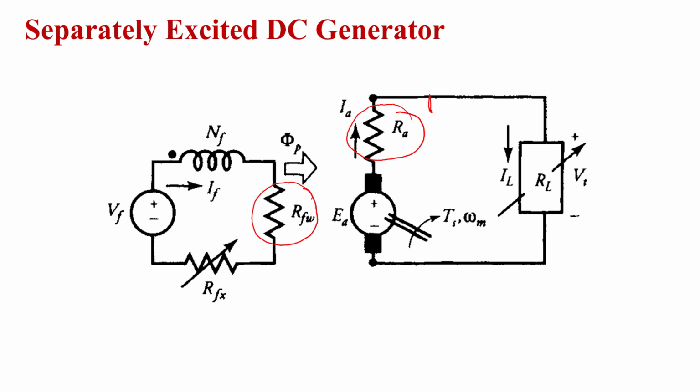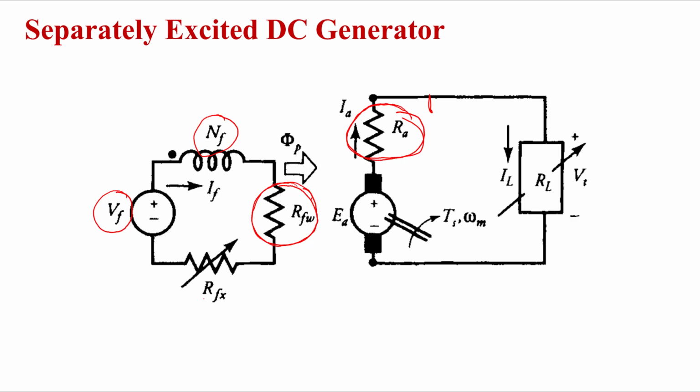In the field circuit we are considering Rfw, the resistance of the field winding, and Ra is the resistance of the armature winding, right? Because this is a separately excited generator, the field is excited through one external source, Vf, and Nf represents the number of turns in the field winding.